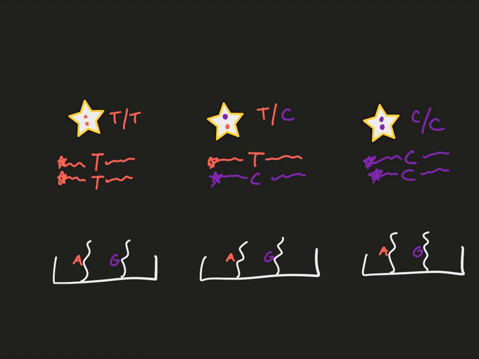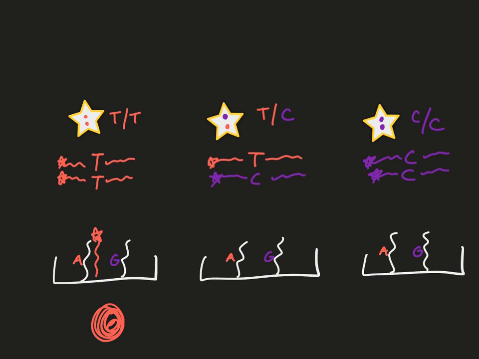And in an individual that is homozygous for the T allele, when I extract the DNA and prepare my fluorescently labeled DNA, it is only going to bind this one location on the SNP chip, right? Those sequences will only bind there. Nothing will bind the G position. So when I look under the microscope, all I see is a giant red dot indicating that that individual is homozygous for the T allele.